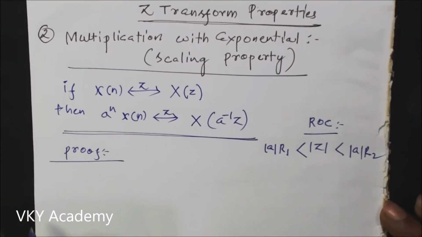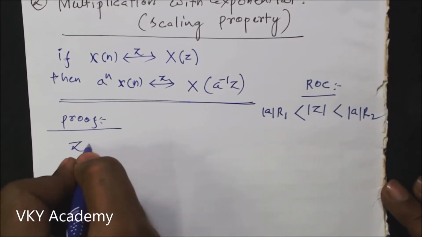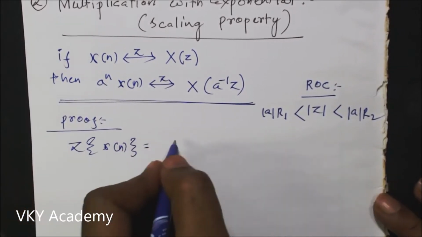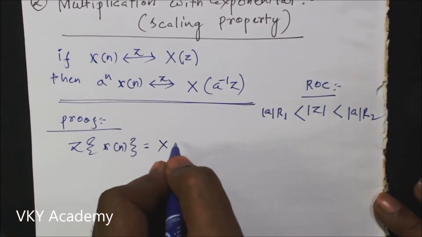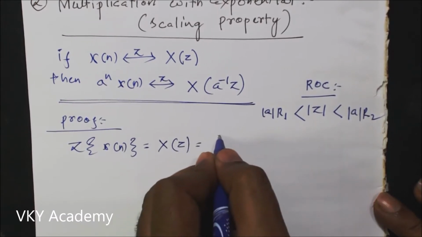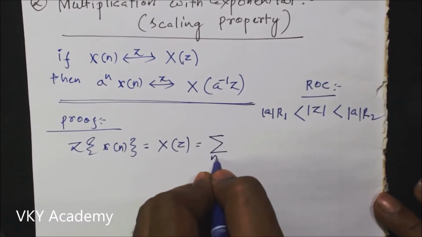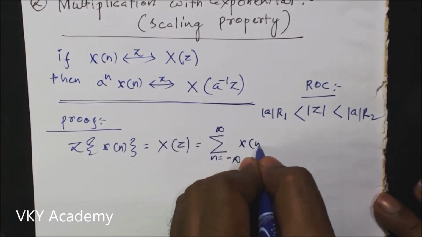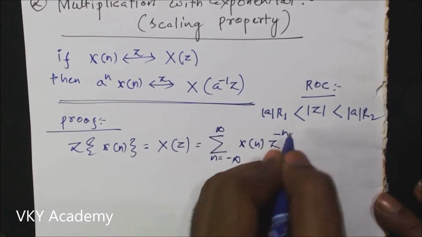Now we know from the Z transform formula, Z transform of x of n is equal to X of z, which is equal to summation n is equal to minus infinity to infinity x of n z to the power minus n.